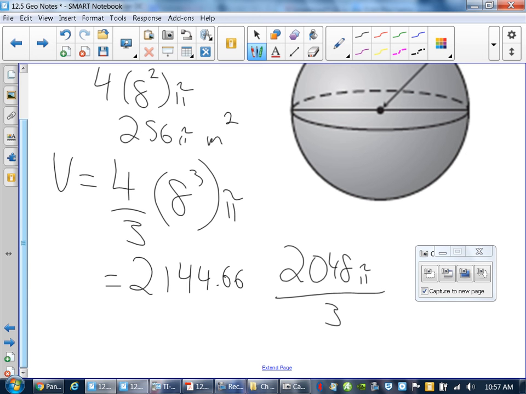And then our units were meters cubed. Remember guys, either way, if you're using pi in the answer or giving me a decimal, either one is perfectly fine. It's just a matter of making sure you write down what you're doing.